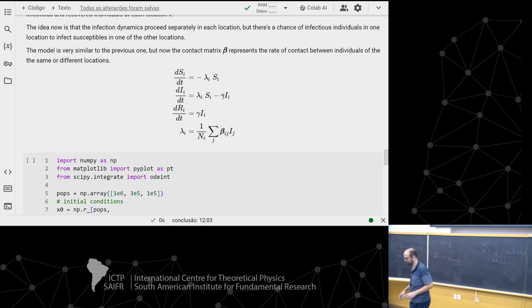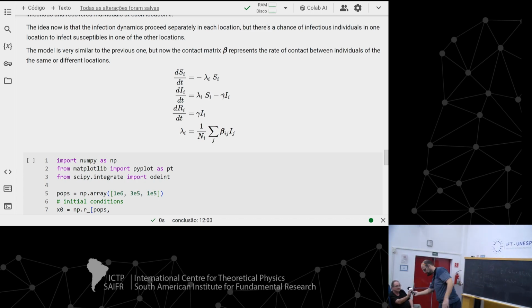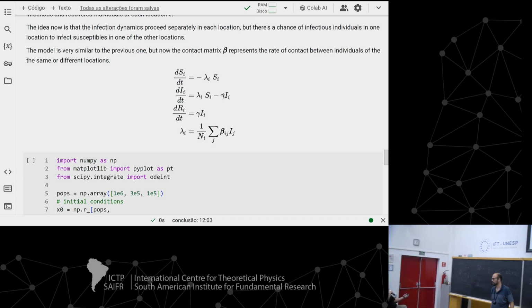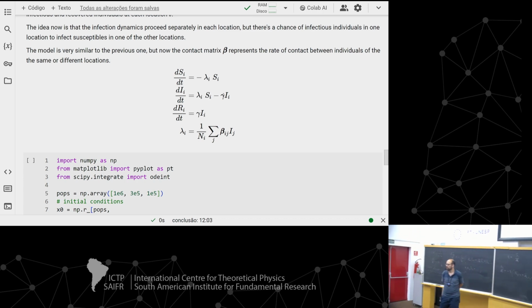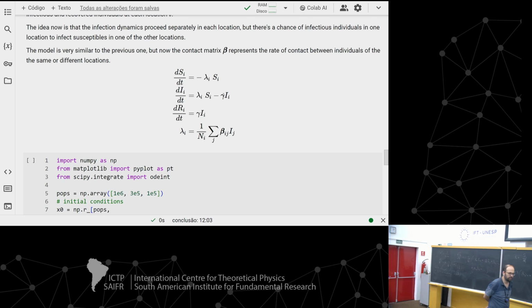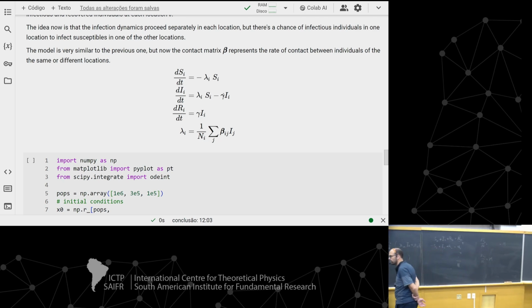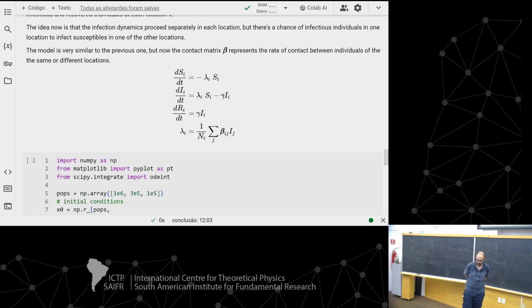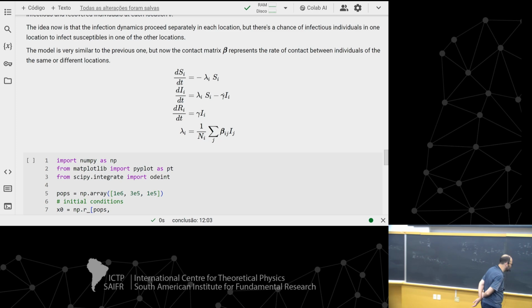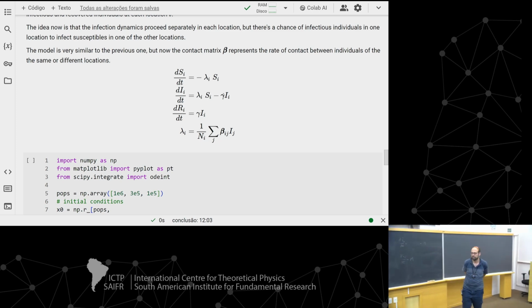Let me just mention, that's the same discussion as in the first class about the kind of incidence that we can have: the standard incidence or the mass action incidence. The mass action incidence would not be divided by N in the equations, and the standard incidence makes the equations only frequency dependent, or dependent on the fraction.